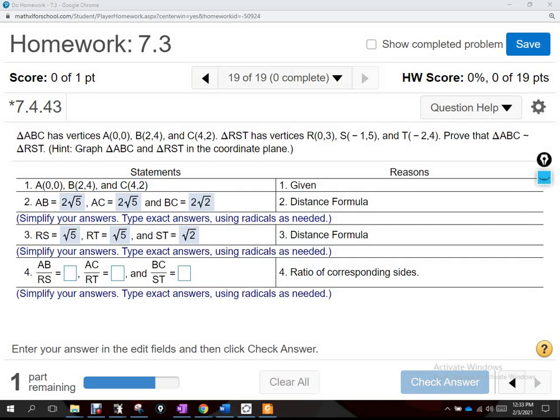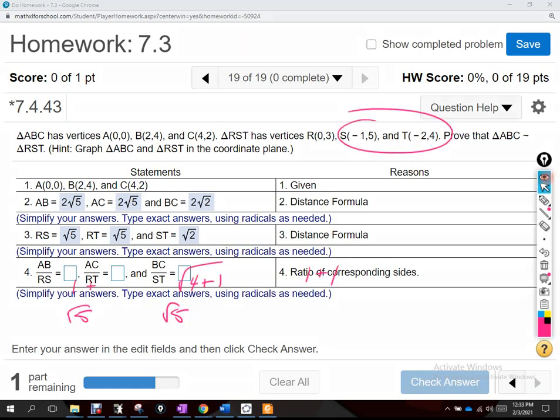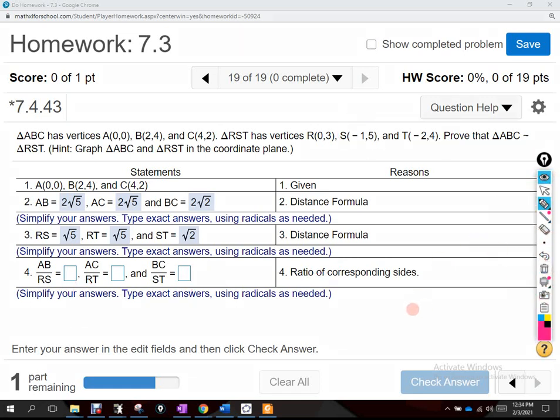What's the relationship between these two things right here? How do those divide? If I have 2 radical 5 over radical 5, that's just 2, right? 2 radical 5 over 1 radical 5 essentially, but the radical 5s cancel each other out, just leaving me 2 over 1.